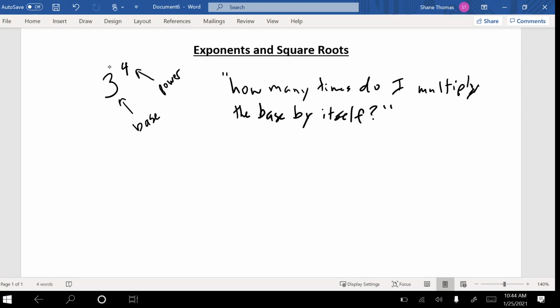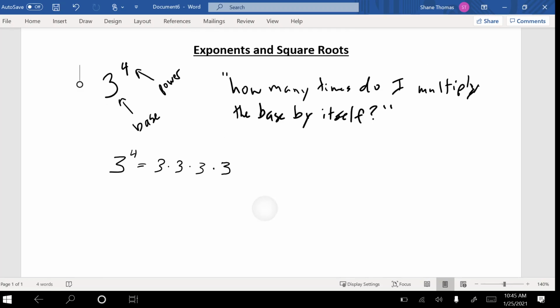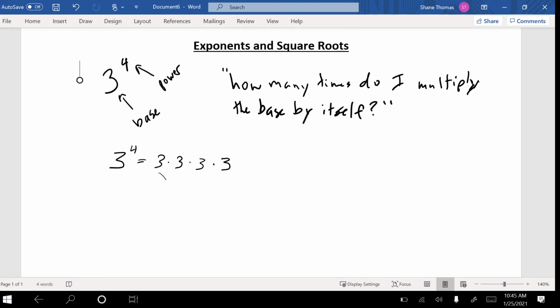So in this case, if I have 3 to the fourth, that is the same as 3 times 3 times 3 times 3. I multiply 3 four times. So it's going to be way bigger than 12. Now, the way I like to do these is here. What's 3 times 3? 9. What's 3 times 9? 27.